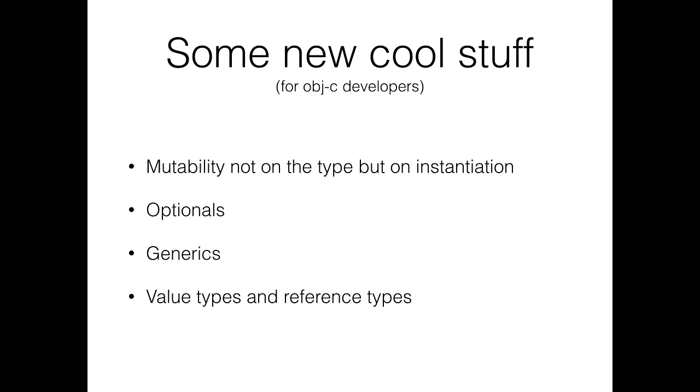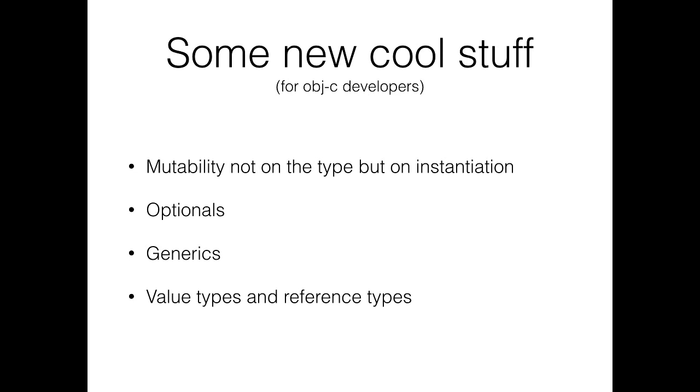Yeah, so mutability is not on the type. Objective-C had the mutable string, mutable array, mutable whatever, and that's when you tell the compiler this can change. Now it's set on the variable when you instantiate it, and not on the class type itself.